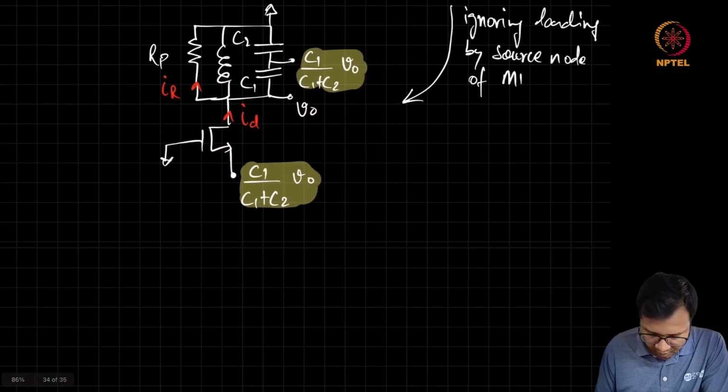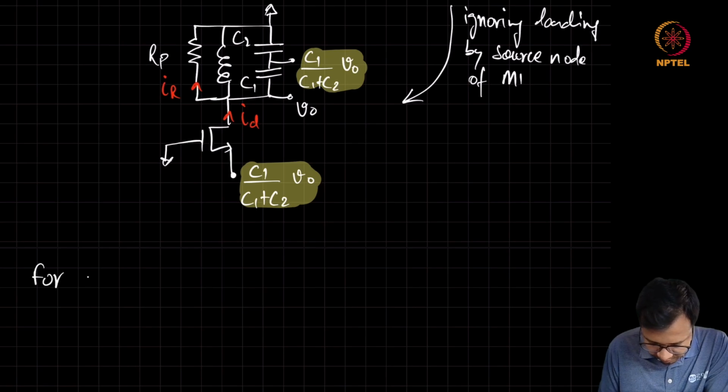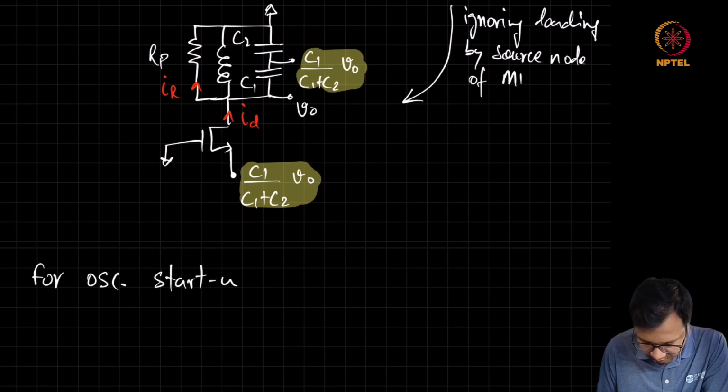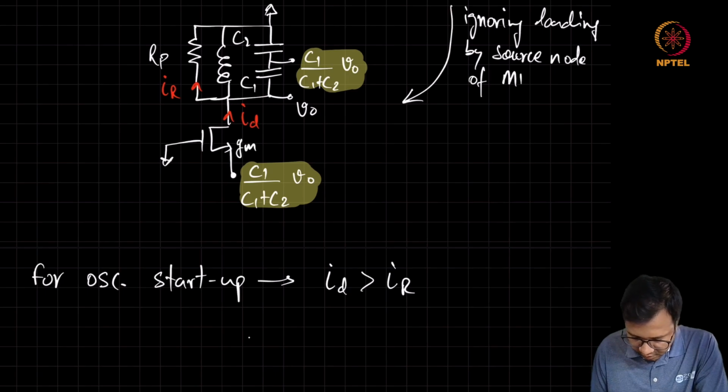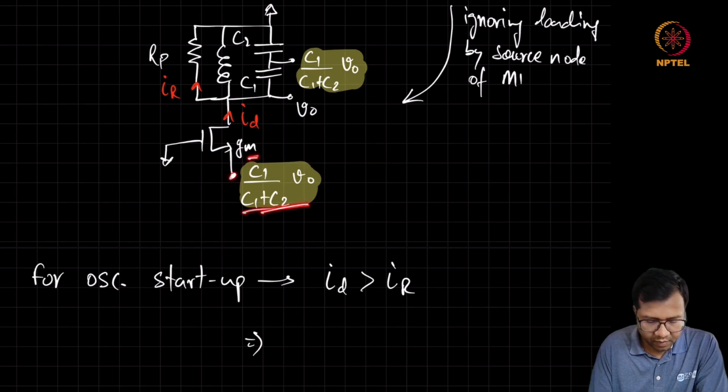So for oscillator startup, we know that ID should be greater than IR, implies ID is GM times the source voltage.